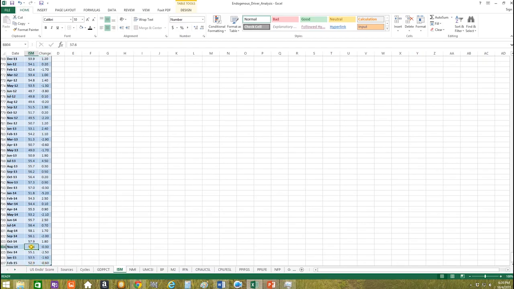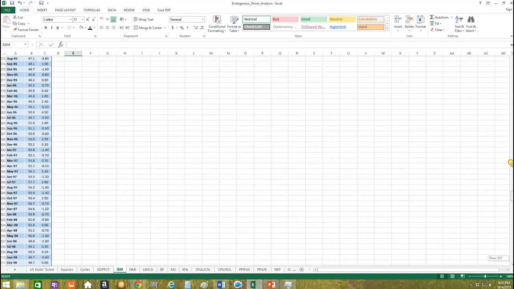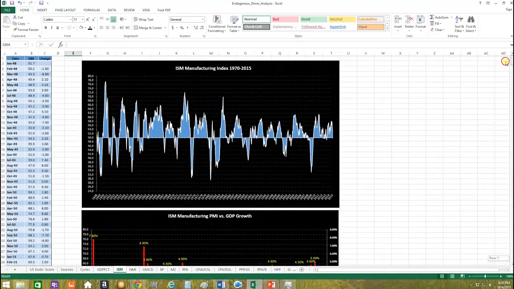If we look at the trend, only 4 or 5 months ago the ISM was at a level of around 57, 58, and it's been slowing down ever since. What we have to do is look at the overall level of the ISM historically, and we can see that this level is actually pretty low historically, but it's still growing.